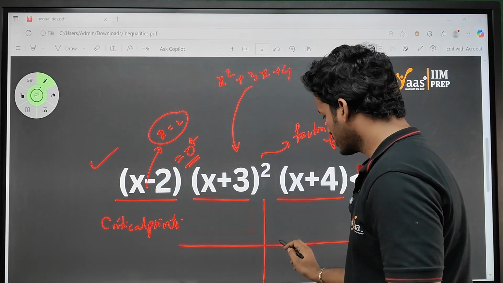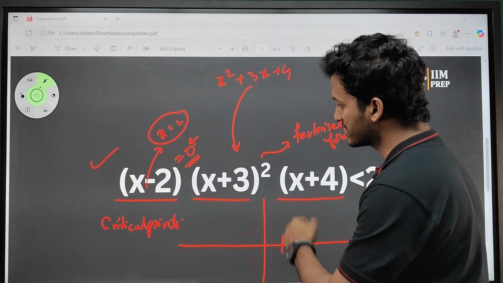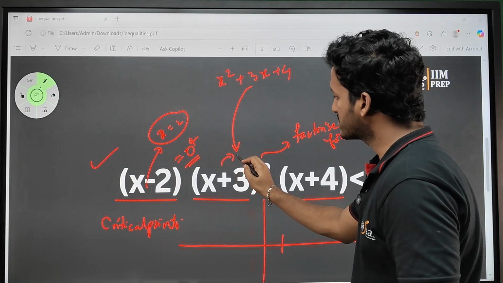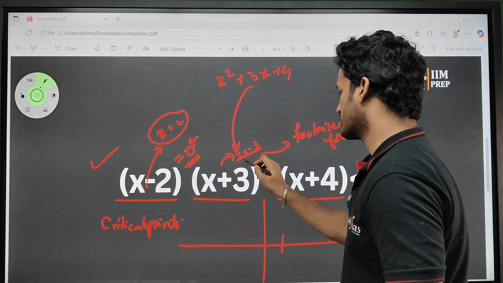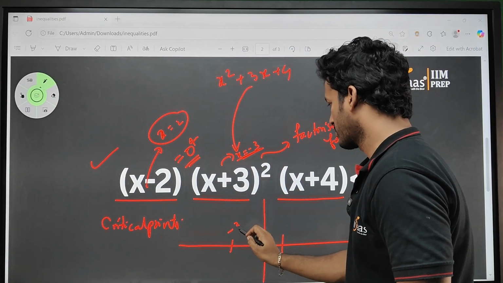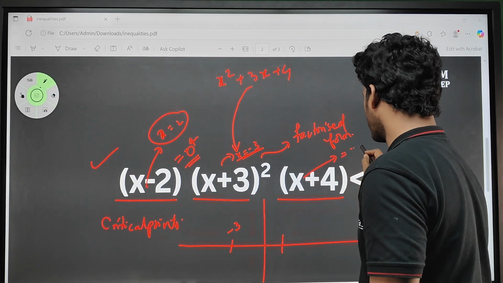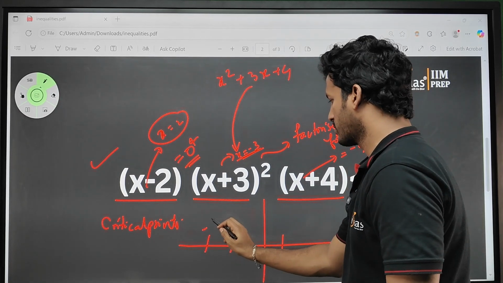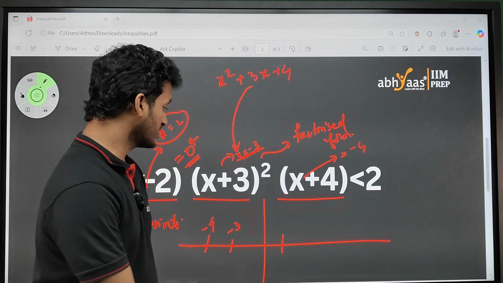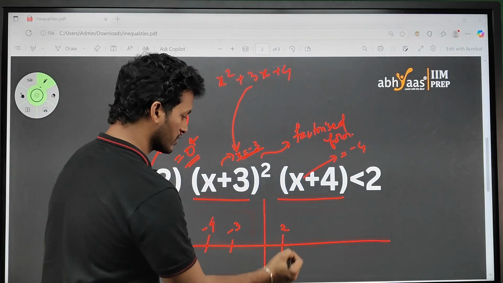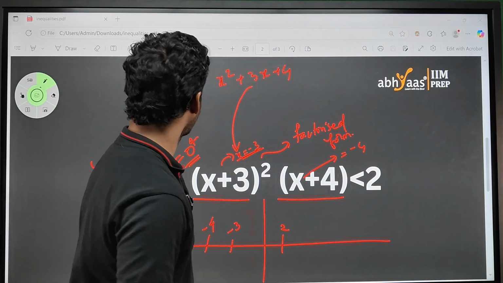That means at x equal to 2 it has a critical point. In the same way, you have to equate every factor to 0, then x equal to minus 3, and x equal to minus 4. So these are the critical points that we have to consider before solving the inequality.